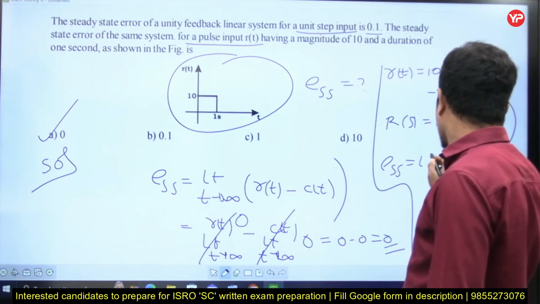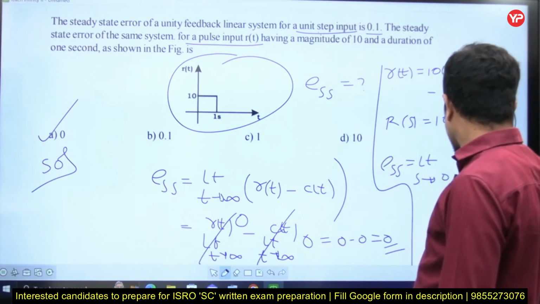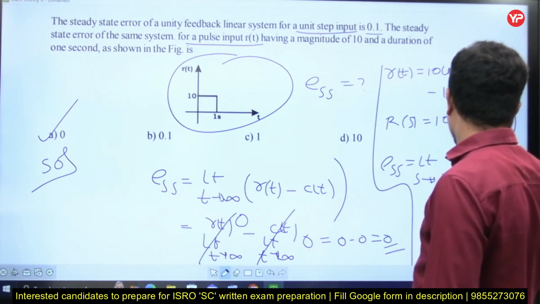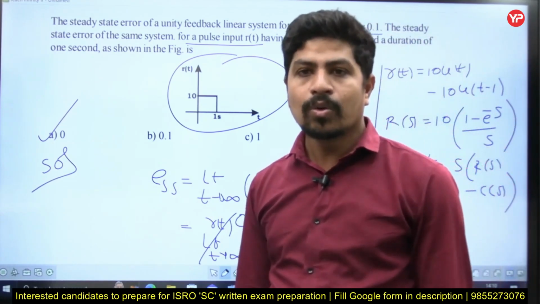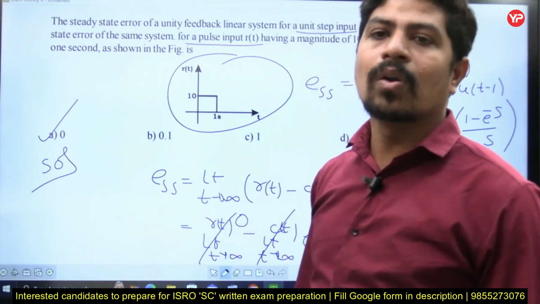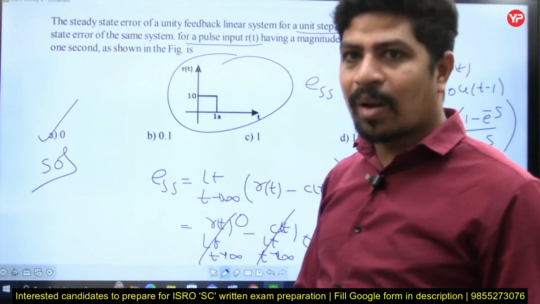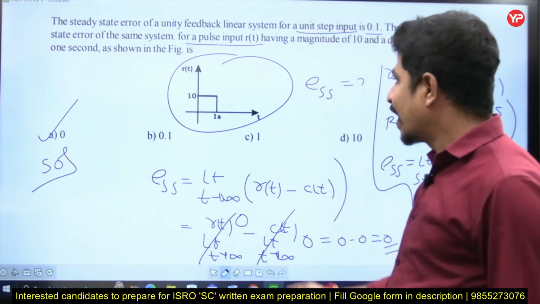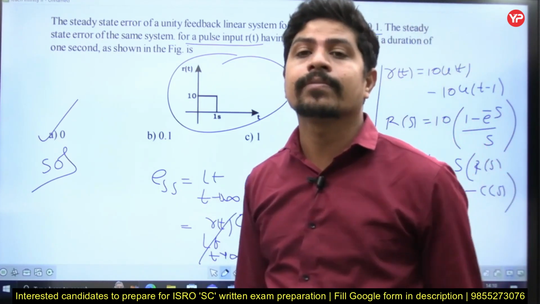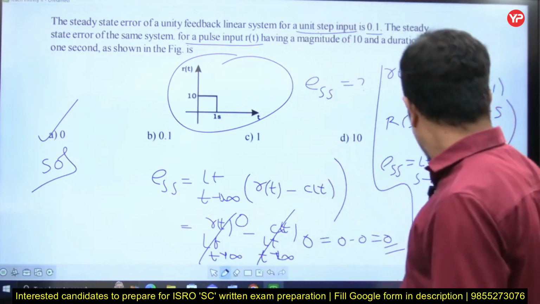ESS is equal to limit s tends to 0, s into R of s minus C of s. You're going to get the same answer, that is equal to 0. See, either you do with the formula or you do it analytically, but the analytical way is time saving, right?